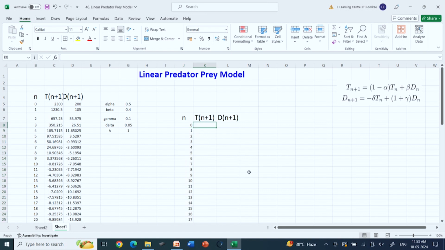So, let us take initial population say 500 and this is 200. In this particular case, let us start with the first one. Your alpha is 0.5, beta is 0.4, gamma is 0.1 and delta is equal to 0.17.